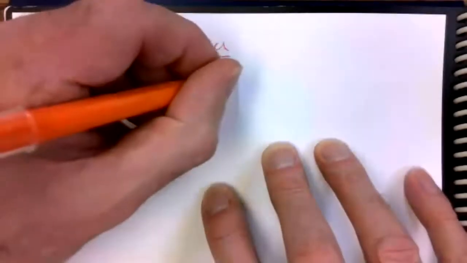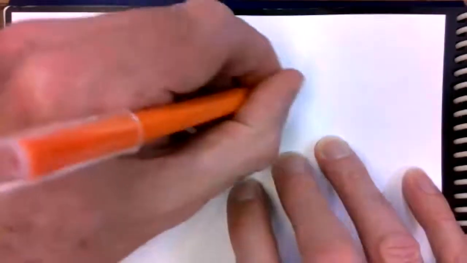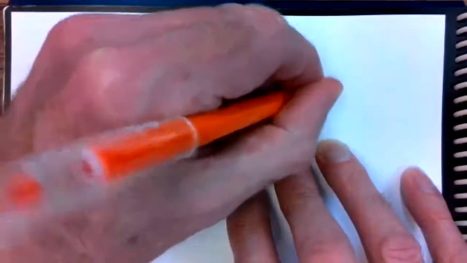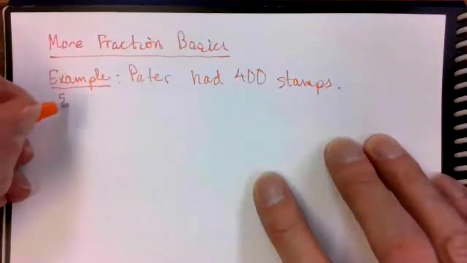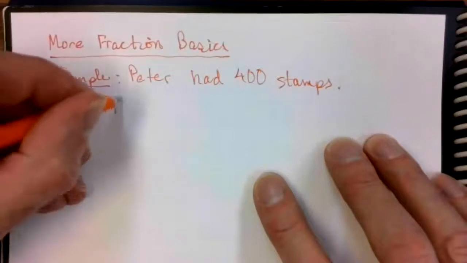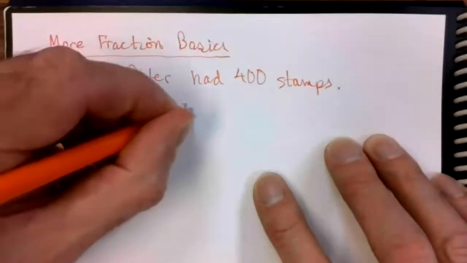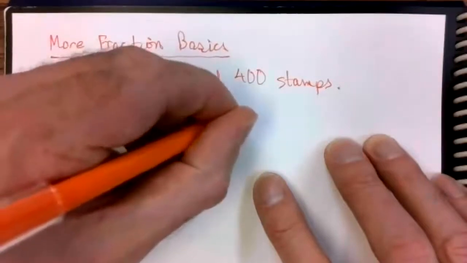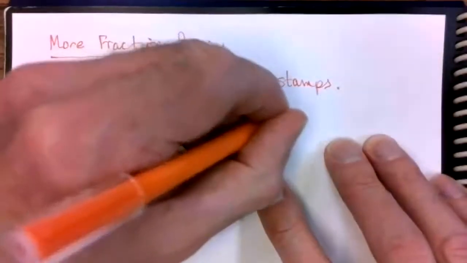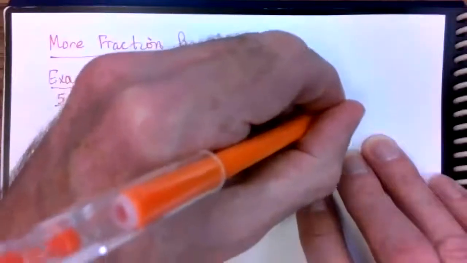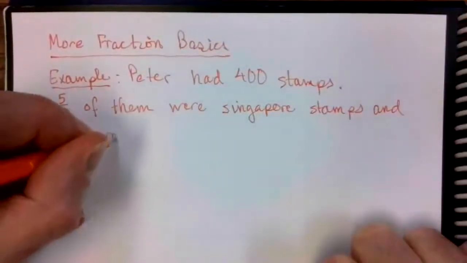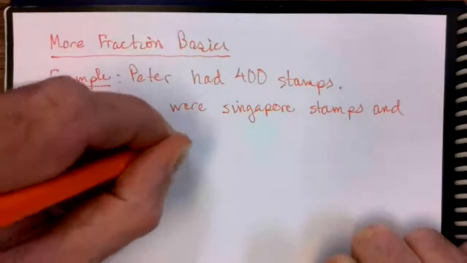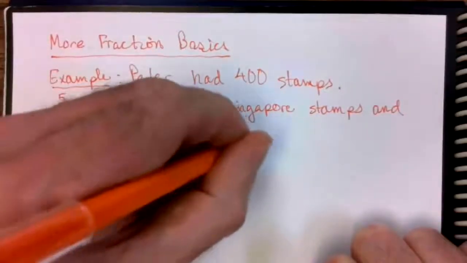So in this problem, we'll say Peter had 400 stamps. Five-eighths of them were Singapore stamps. And the rest were US stamps.